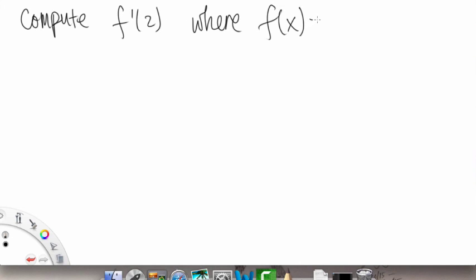All right. So now let's do a practice problem. So what if we are asked to compute f prime of 2, where f of x is the following function. If we have an x squared minus 3x, okay? So on this problem, our a equals 2, okay? And let's actually just use what we want.